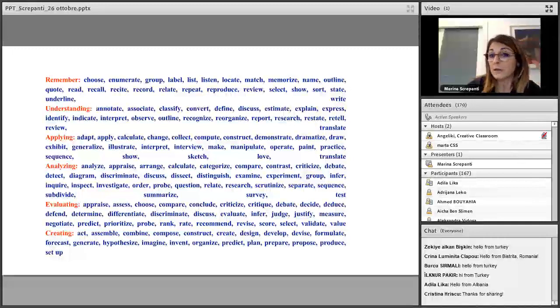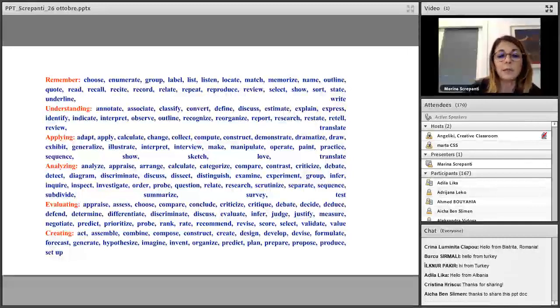Then applying, just a little bit up. So calculate, change, collect, construct, demonstrate. You can read the verbs by yourself, but you can understand that it's something that goes up and up. Then analyzing. So you ask your students to use a higher level of thinking skills.